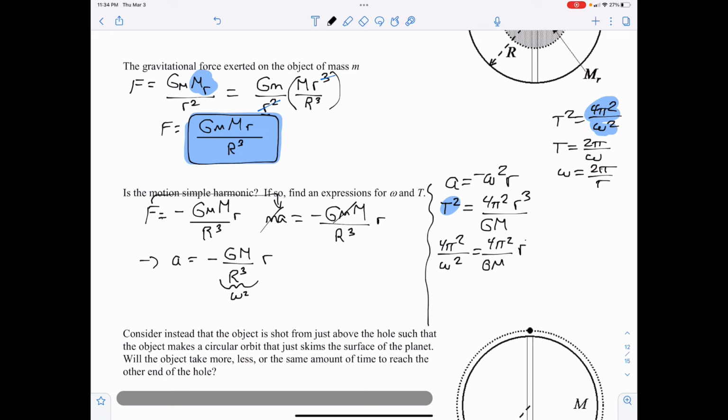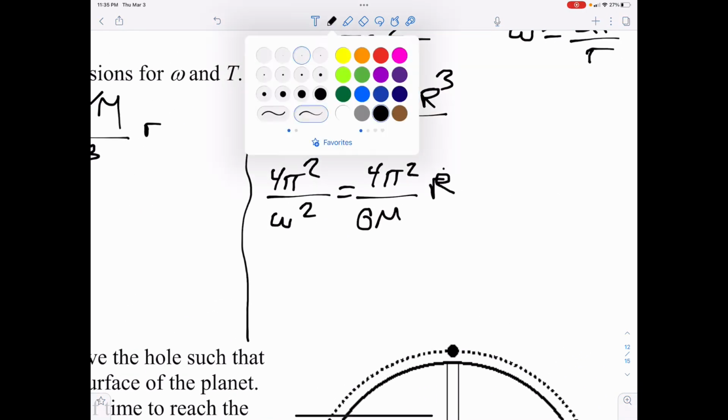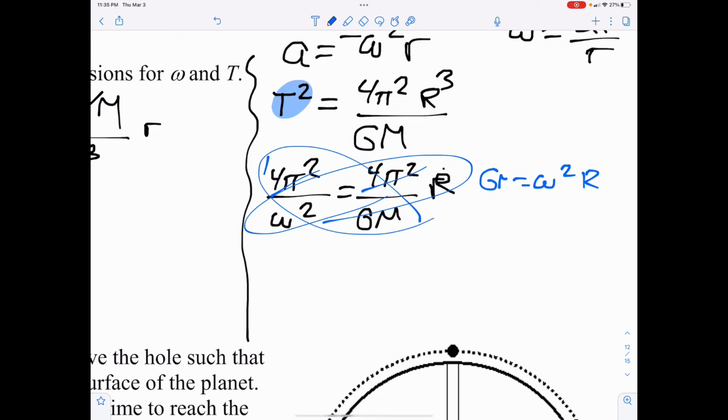I'm being sloppy with the r's. This is big R here, the orbital radius. Now look at what happens. The 4 pi squared cancels, and I'll leave a 1 up there. If I solve this for omega and take my cross products, I get omega squared r cubed equals GM.